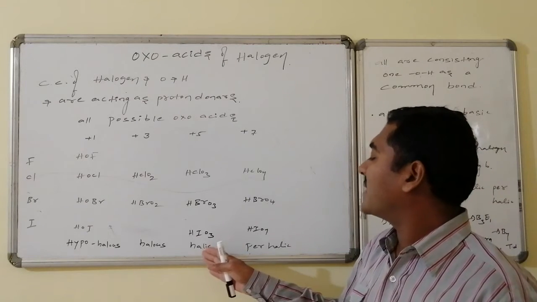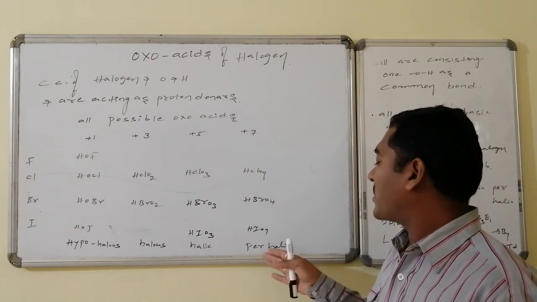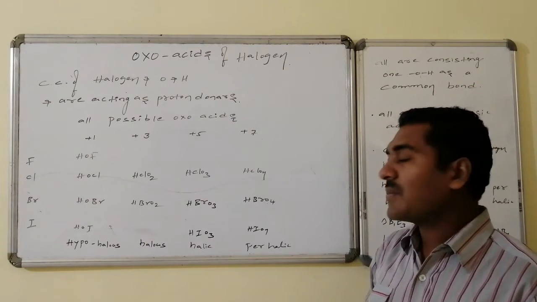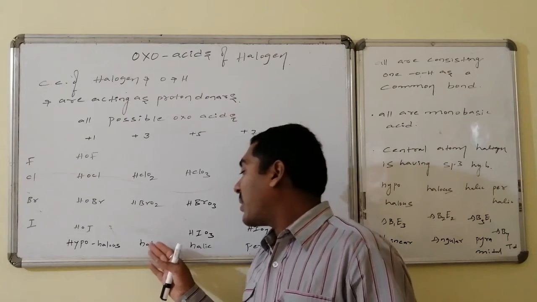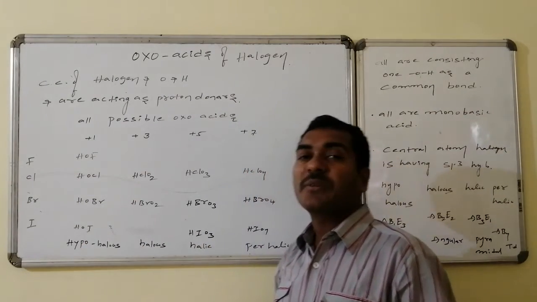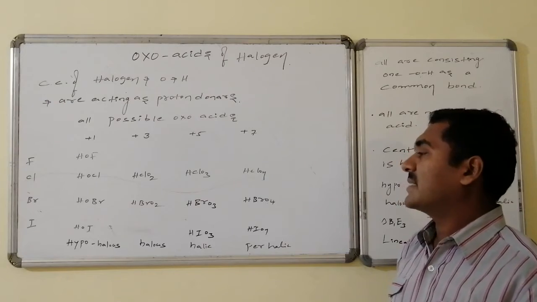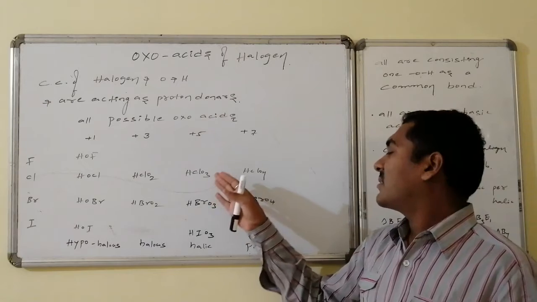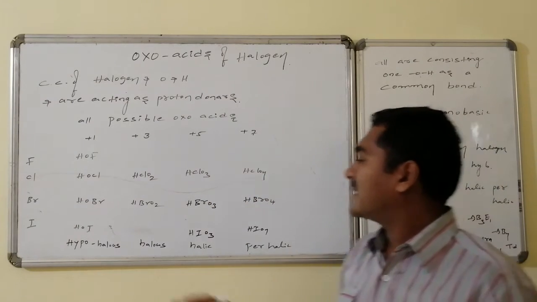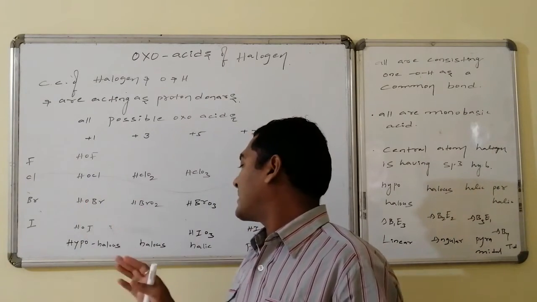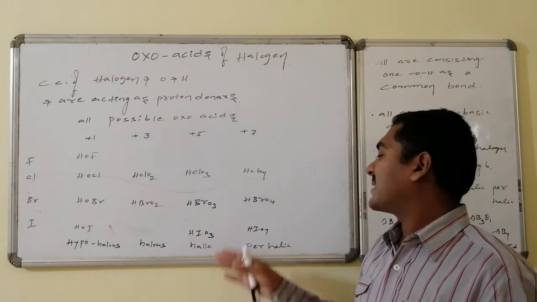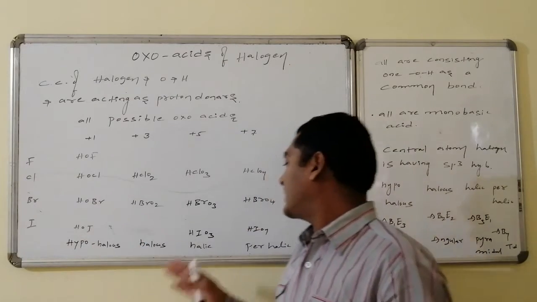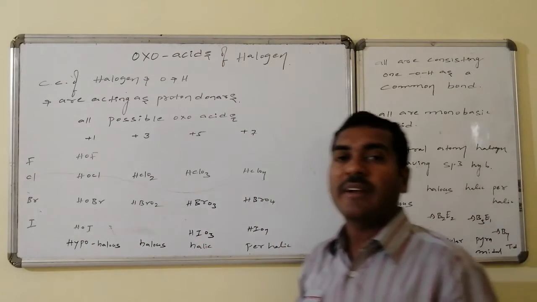The highest possibility is perhalic; compared to this one, an oxo acid with 2 units less is halic, and once again less by another 2 units is halous, then hypohalous. Thus, these are hypochlorous acid, chlorous acid, chloric acid, perchloric acid. Similarly here, hypobromous acid, bromous acid, bromic acid followed by perbromic acid, hypoiodous acid, iodic acid followed by periodic acid.